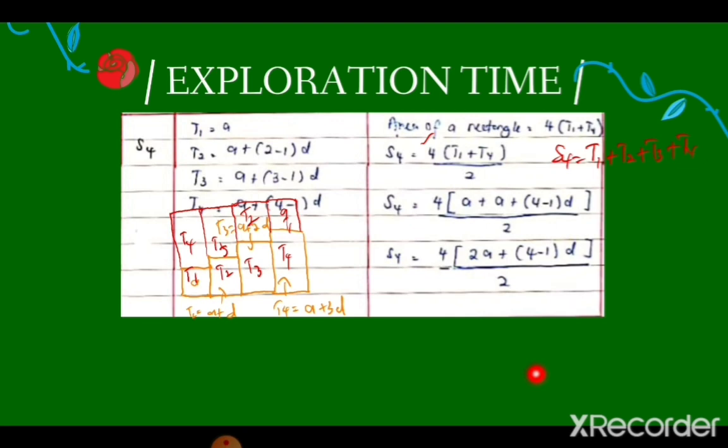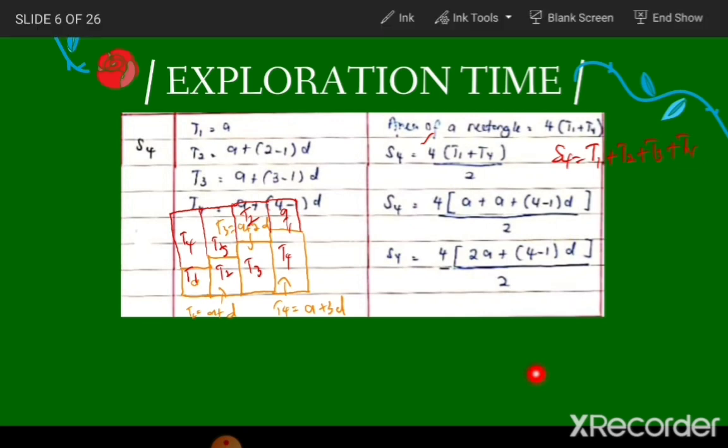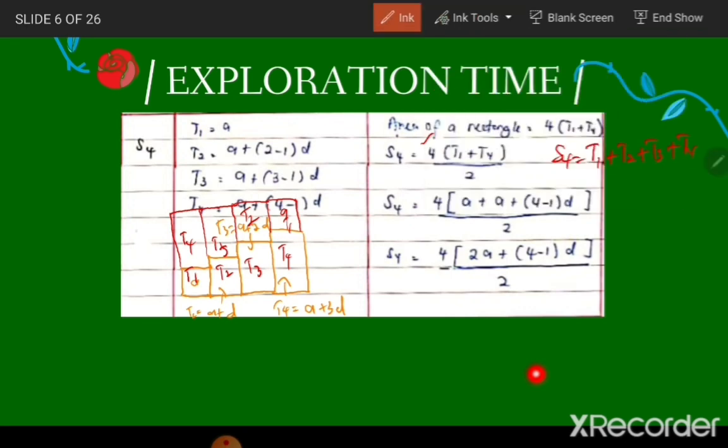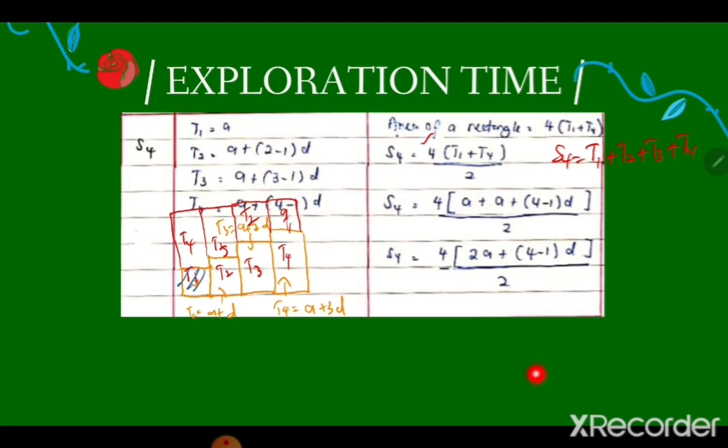So where is the area that we are talking about? This one. As we can see, the area for S4, the addition from the first term to the fourth term, is half of the area of the rectangle.